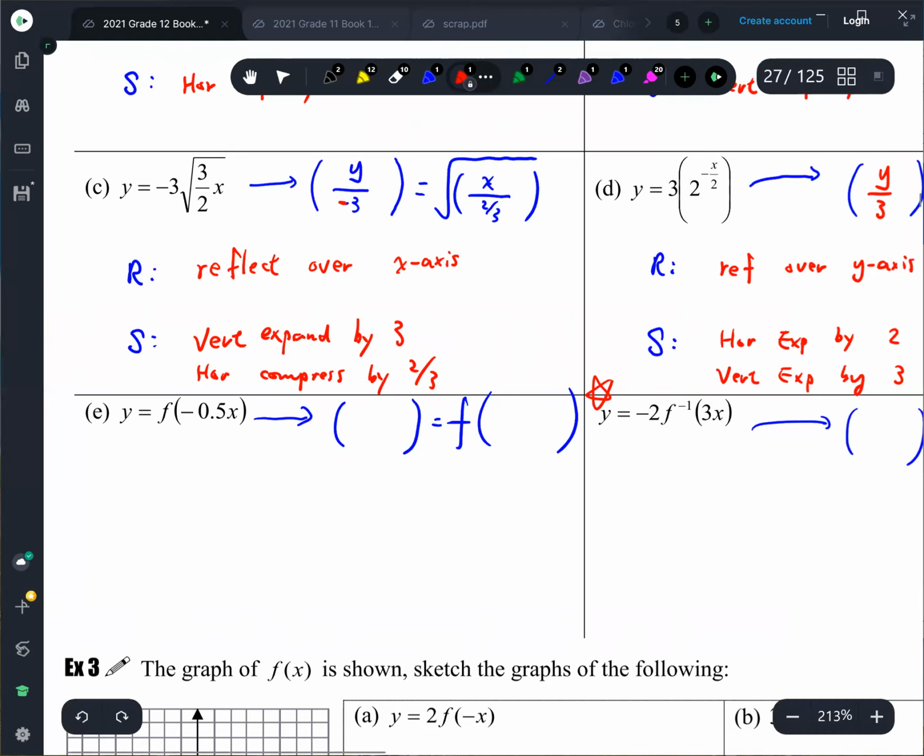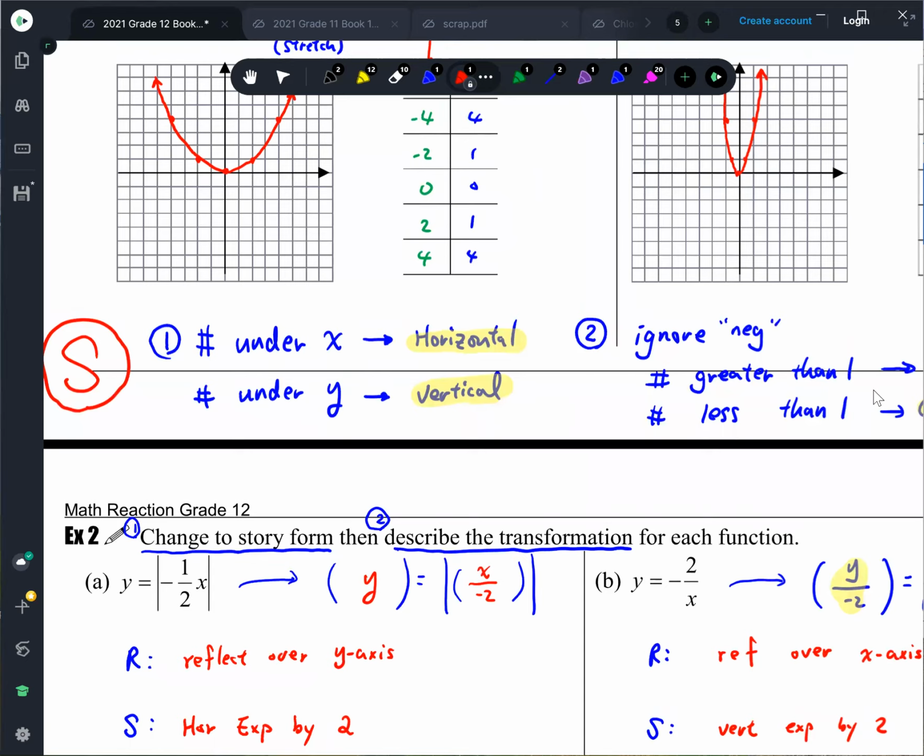So same thing. This one has an f, so it will be in general, any function. When you finish this one, you can raise your hand.